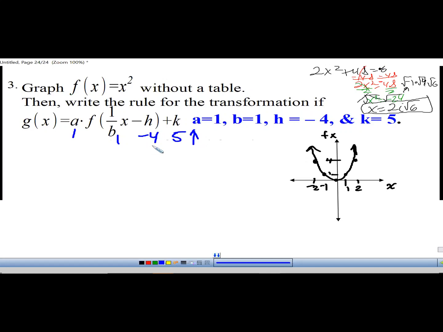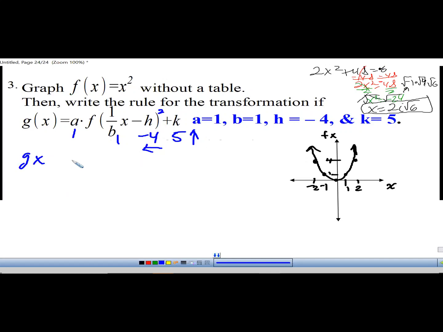What did we substitute now for h? Negative 4. Which direction is that going to move all the points? To the left, because we're substituting a negative number. But let's see how it looks now that we substituted it into our general rule. And by the way, it's a quadratic, so make sure you put a little square right there. Let's rewrite this.